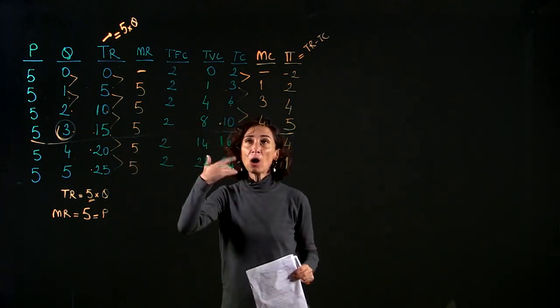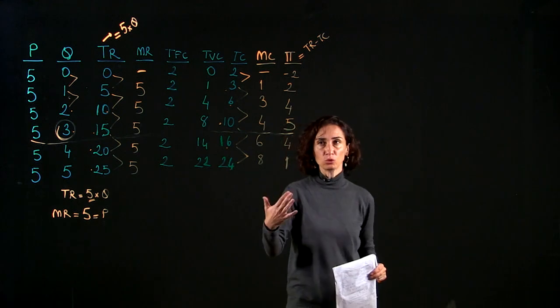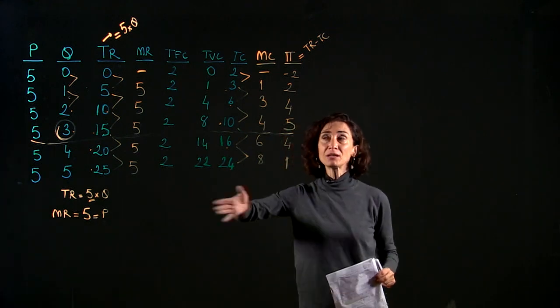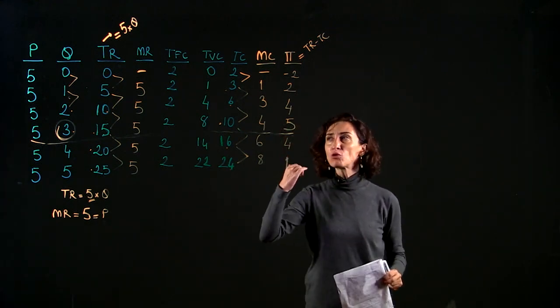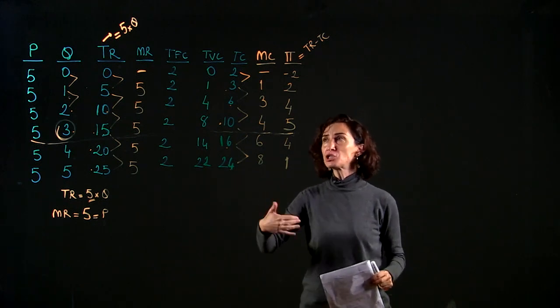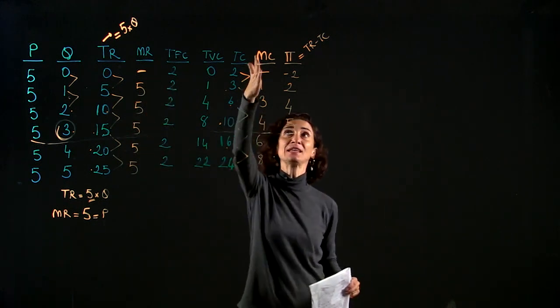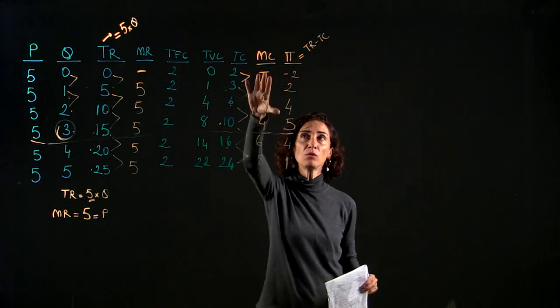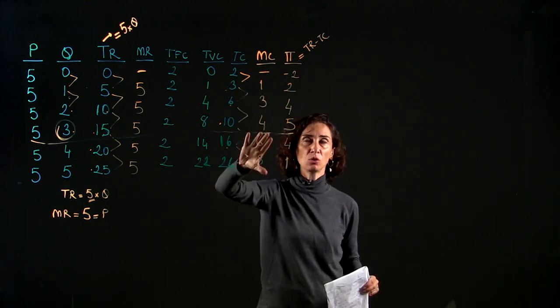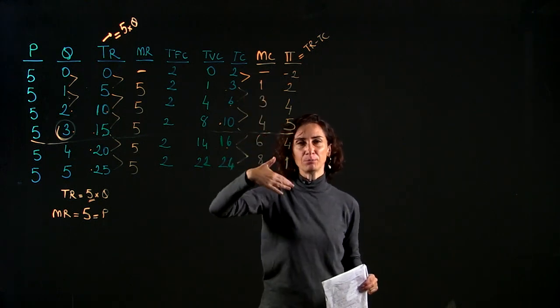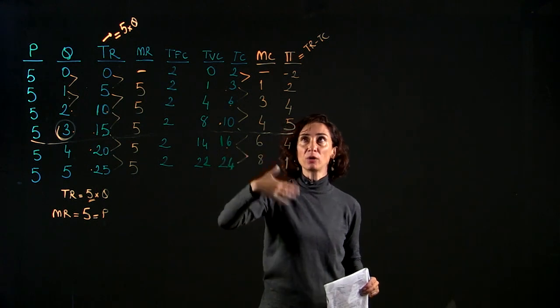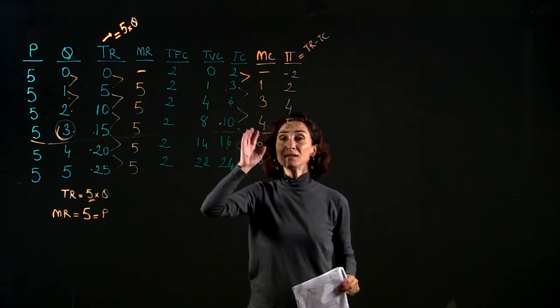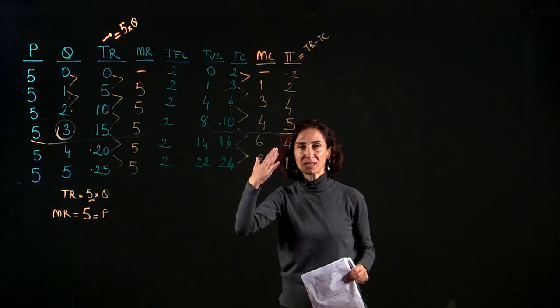So basically we are using that rule even though in this numerical example there is no point where marginal revenue is exactly equal to marginal cost. There is no 5 in this column, no 5. So you cannot find a point where MR is equal to MC, right? But the logic of the rule is there.